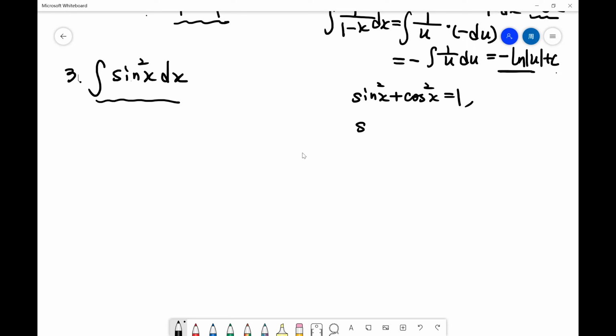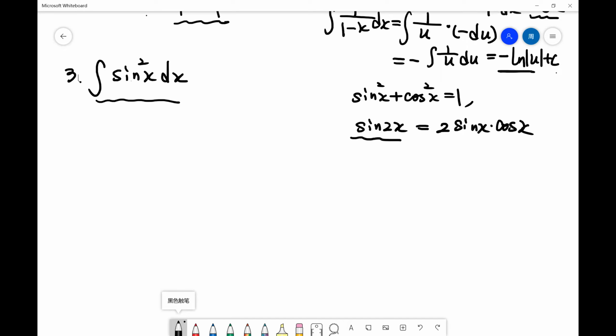The first is sine 2x. Sine 2x does not equal 2 sine x. Here, you should know that sine 2x equals 2 times sine x times cosine x.